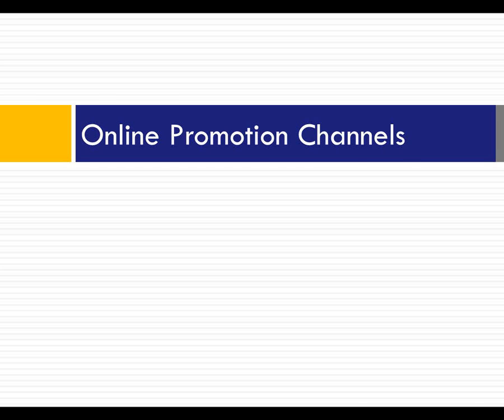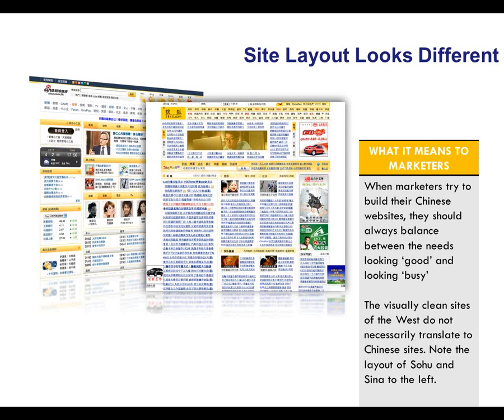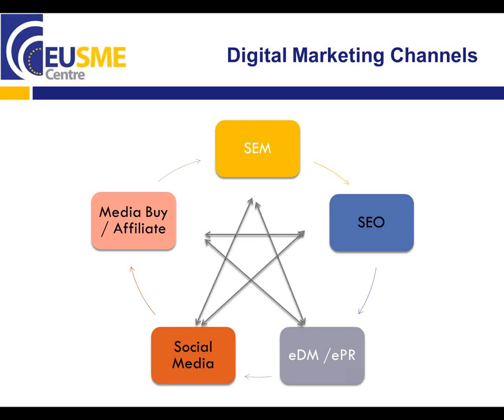So now we're going to discuss online promotion channels. If you're familiar with digital marketing, there is a full cycle which we usually look at, starting with search engine optimization, SEO, EDM, EPR, email newsletters, electronic public relations, social media, and then media buy and affiliate marketing.